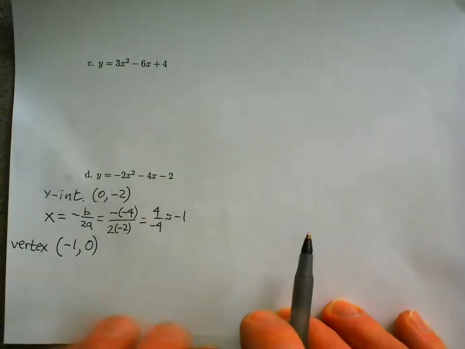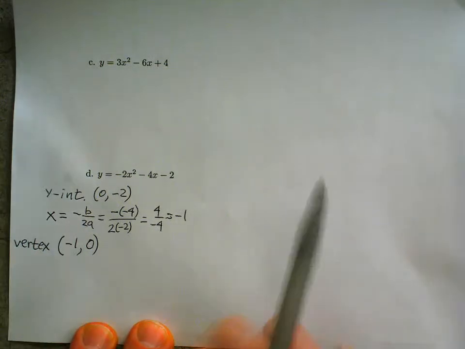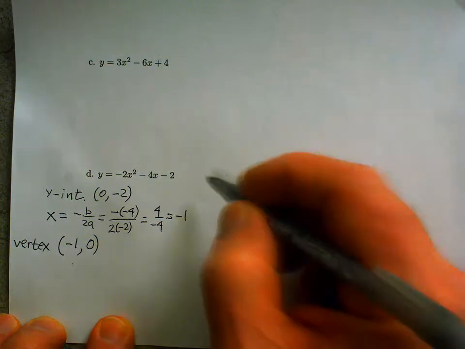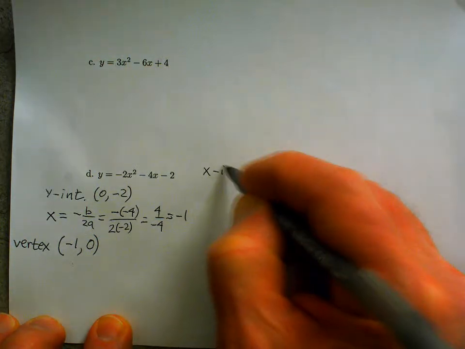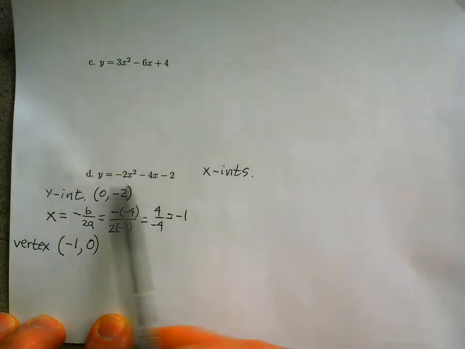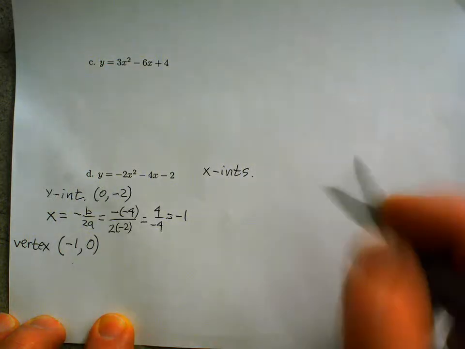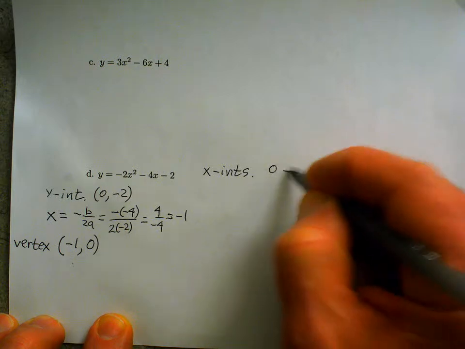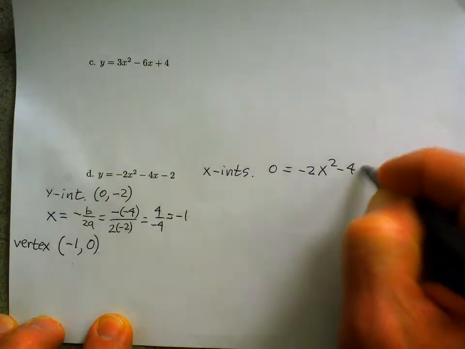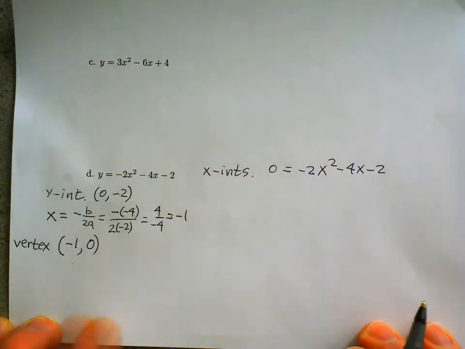Okay, but suppose we didn't notice that the vertex is also the x-intercept. To find the x-intercepts, we solve the equation that we get when we replace y with 0. So 0 equals -2 x squared minus 4x minus 2.